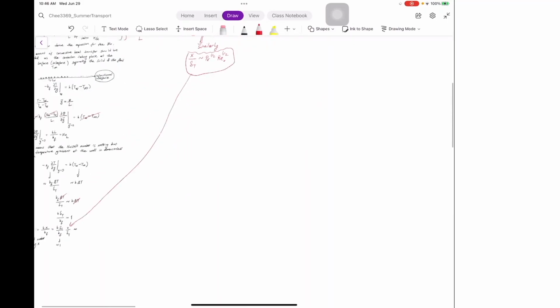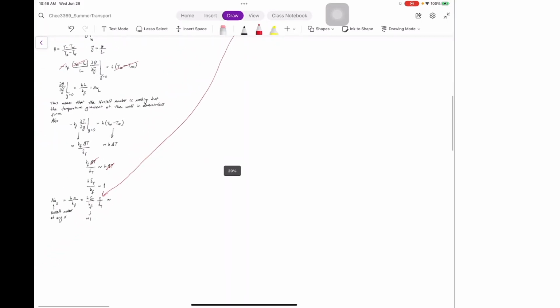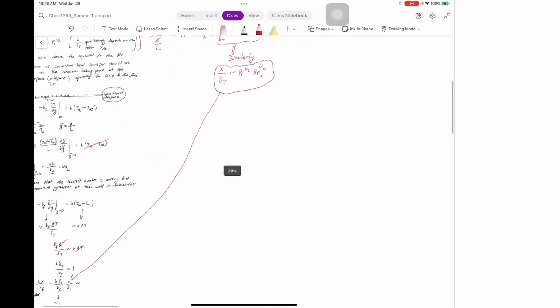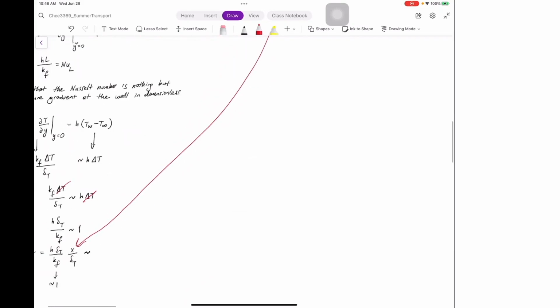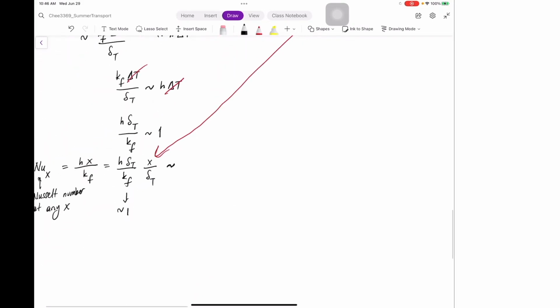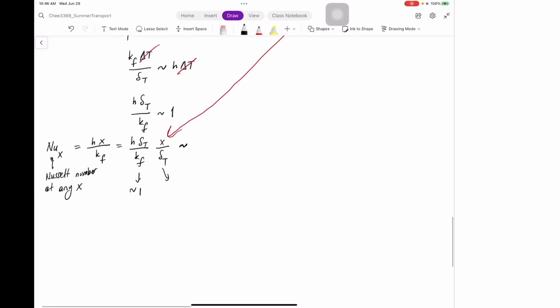Okay. Now you know that x over delta t is in the order of Prandtl number to the 1/2, Reynolds number x to the 1/2. Okay, good. So this entire thing is going to be Prandtl number 1/2, Reynolds number x 1/2.